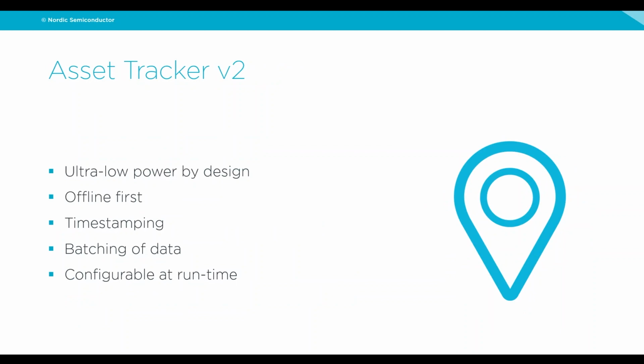Then on the application side of things, we have a new asset tracker v2. This is a real-time configurable, ultra-low power capable application firmware for the 9160. It's a complete rework of the previous asset tracker. This application introduces a new set of features which is not present in the old application.